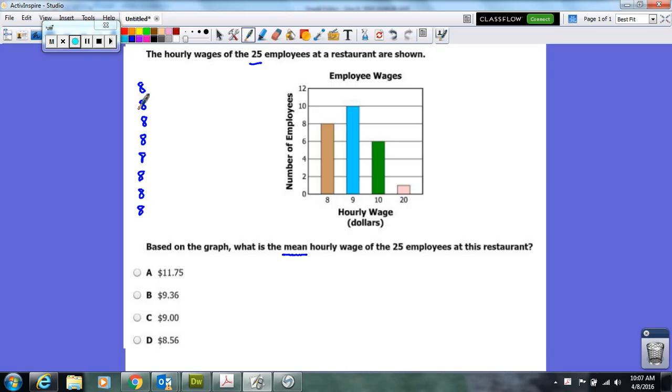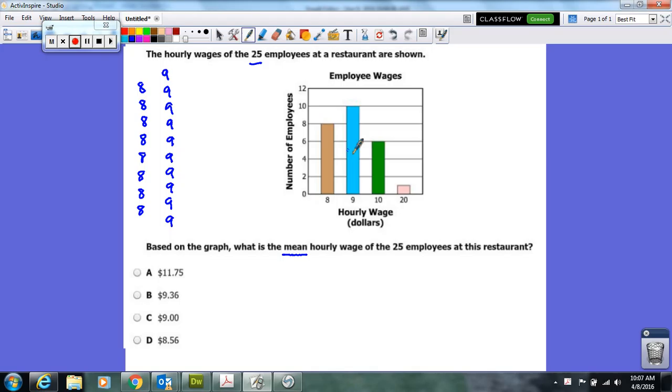We have these 8 employees getting $8 an hour. Then in the next column, I have 10 employees who are getting $9 an hour. There are 10 of them altogether.